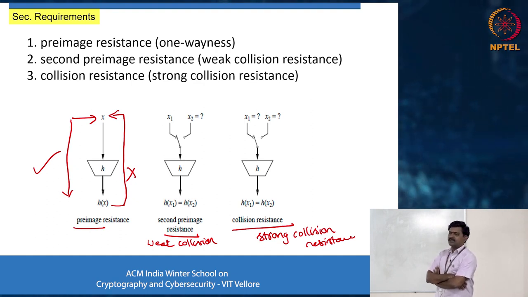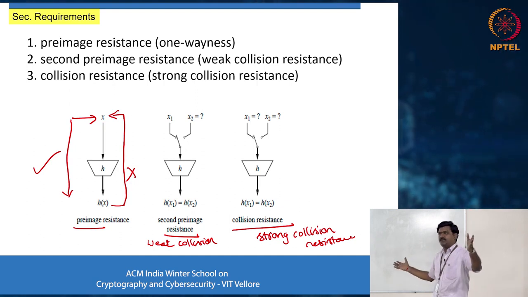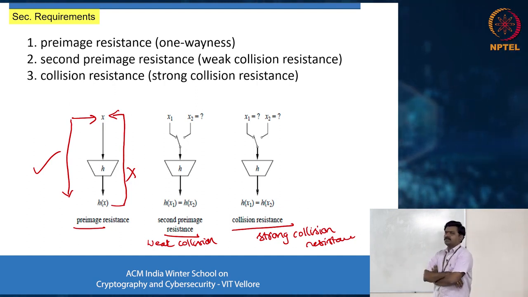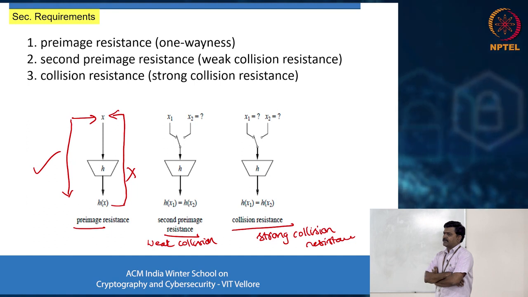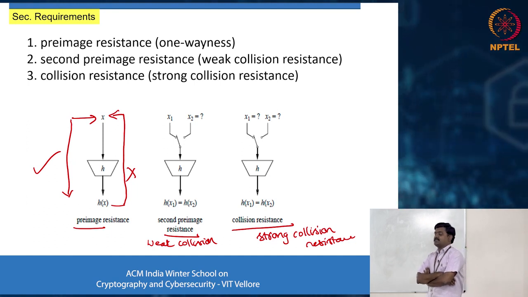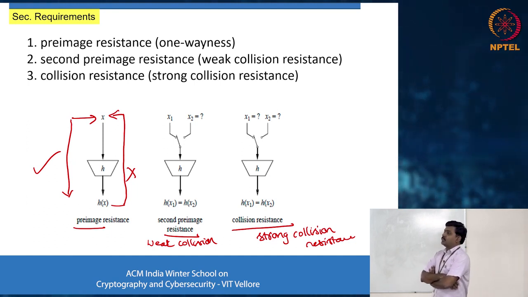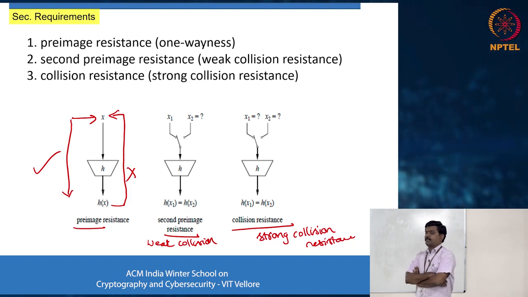Now what are we talking about in hash functions? We are saying variable length input, fixed length output. So obviously collisions will happen, right? The ideal hash requirement is that one should not get collisions.